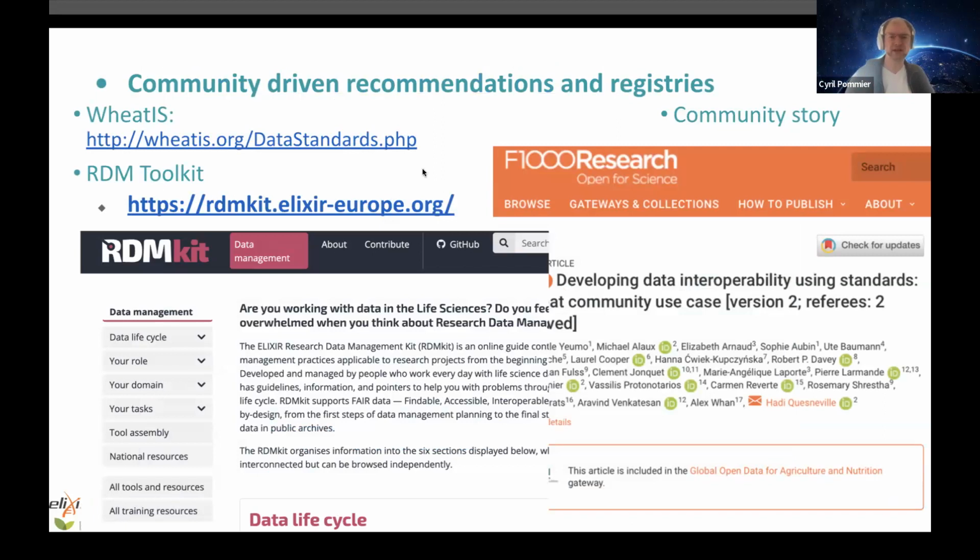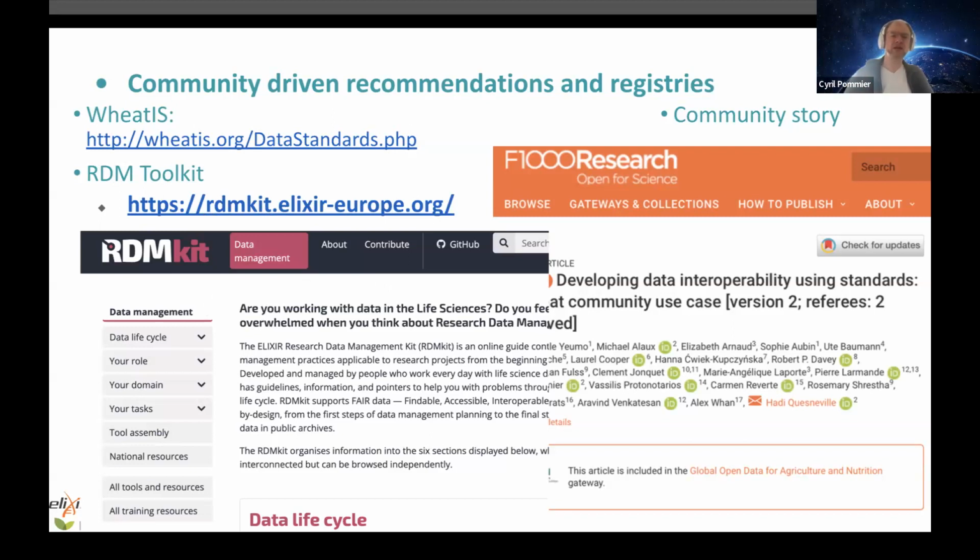What we have seen in the WheatIS community, the Global Wheat Initiative community, is that it has been very useful to set up pages listing the data standards and the data management practices. And this went one step beyond 3 or 4 years ago, through the RDM Kit, Research Data Management Kit, available at this URL, that provides different entry points linking to data management practices.